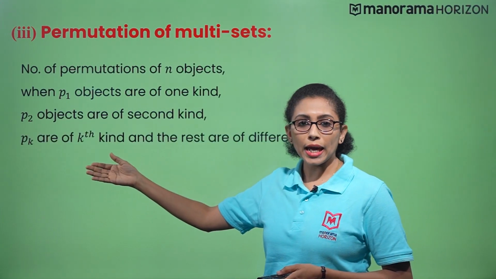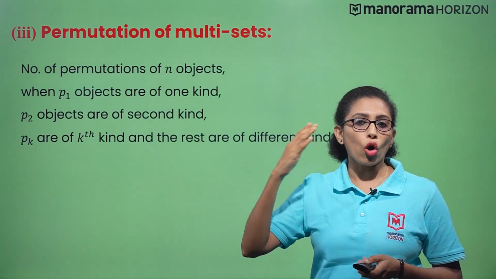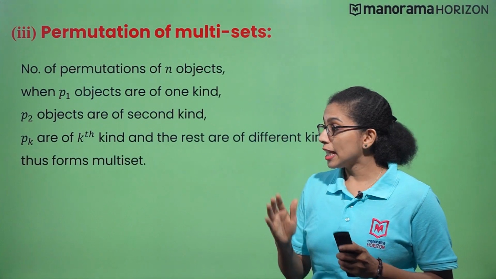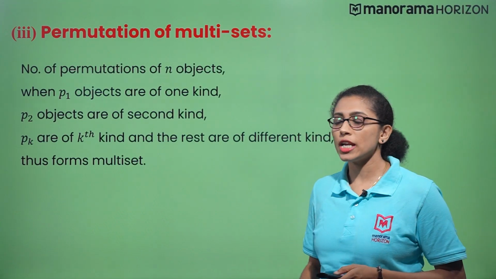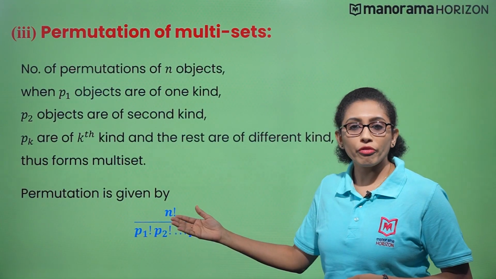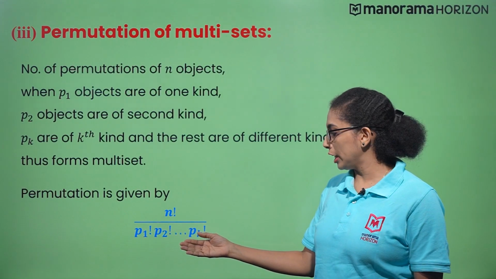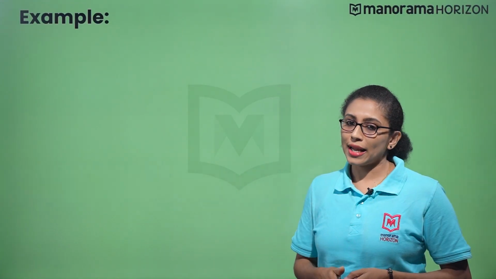Likewise, pk are of the kth kind and are similar, and the remaining are all of a different kind. In such cases, we say it forms a multi-set. And here, the permutation is given as n!/(p1! × p2! × ... × pk!). We can understand it clearly by looking at an example.